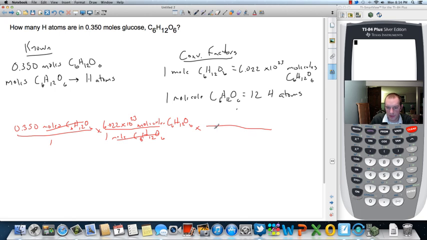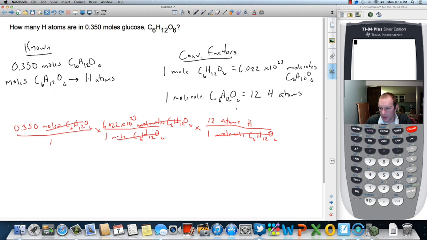Now what we know is for every 1 molecule of C6H12O6, you're going to have 12 atoms of hydrogen. Now your molecules of glucose will cancel, like so, and now we can perform the calculation.